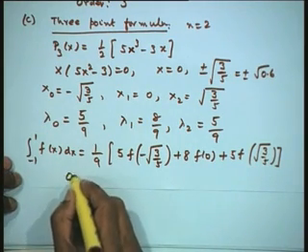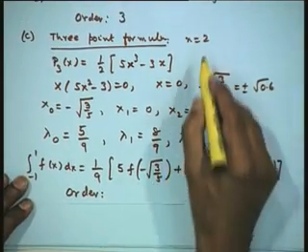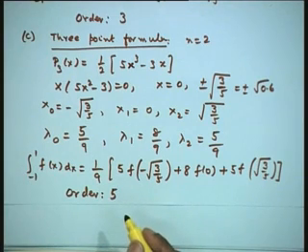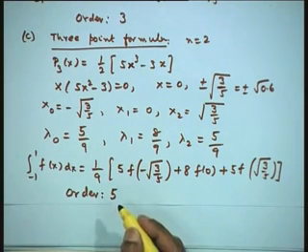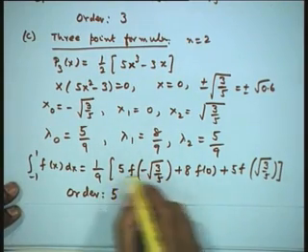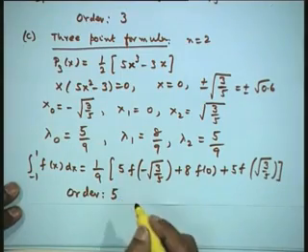And the precision of this formula or the order of this formula is 2 n plus 1, n is 2, therefore, order is 5. Now, we can compare this with the equispaced Simpson's rule, wherein the order was 3, with 3 points we have got a formula of order 3, now we have got a formula of order 5.